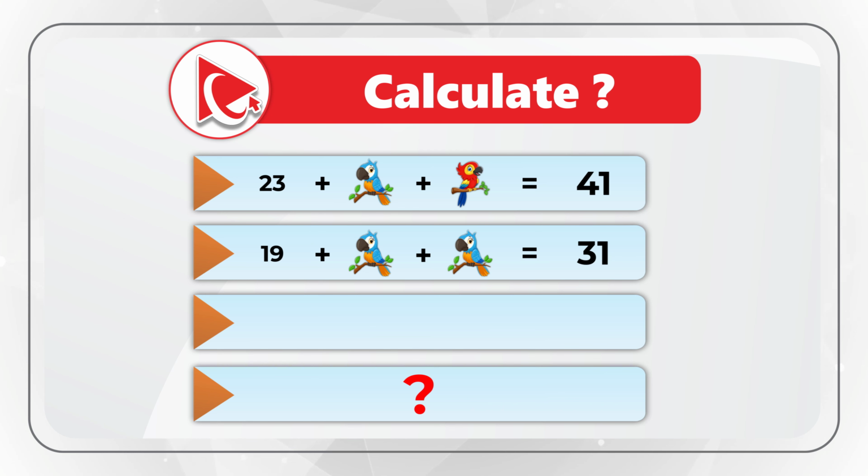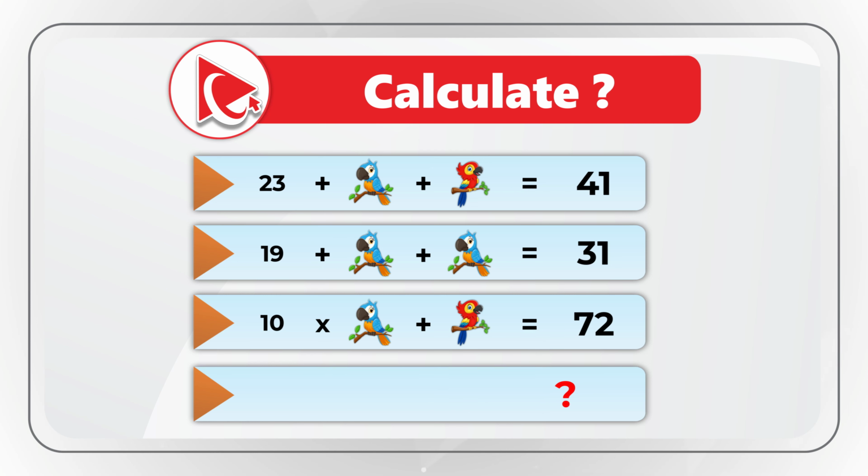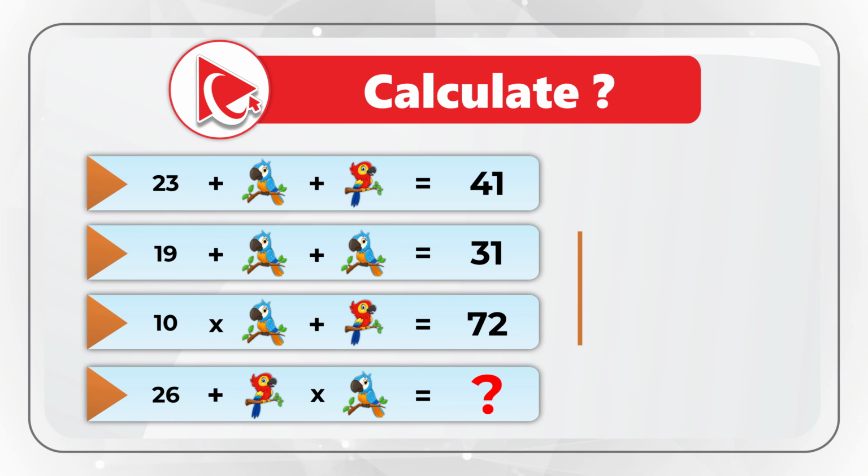Third equation is 10 multiplied by blue parrot plus red parrot equals 72. And last but not least, the expression is 26 plus red parrot multiplied by blue parrot equals missing value. You need to select the missing value out of 4 possible choices.